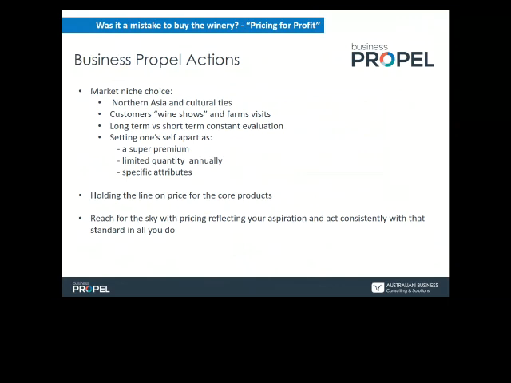We're concentrating on creating customer wine shows in that sovereignty. To create a more premium view, we're also inviting key distribution relationships for farm visits back in Australia. All of this has got long-term costs. So we're positioning it all in the long term as a super premium product, limited annual quantity, and specific attributes.